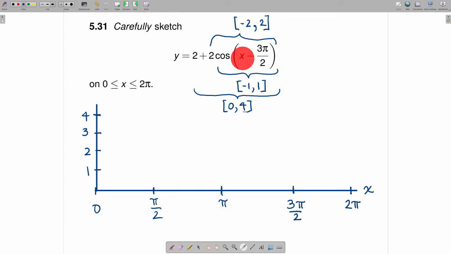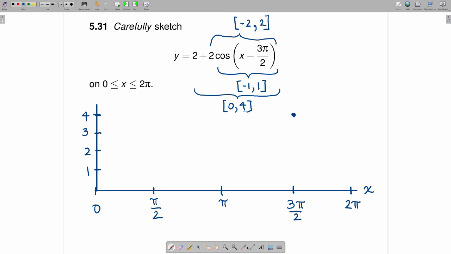So plugging in x equals 3 pi over 2, we have 3 pi over 2 minus 3 pi over 2. That's 0. The cosine of 0 is equal to 1. 2 times 1 is 2, and then 2 plus 2 is 4. So at this point right here, we know at 3 pi over 2, the function is at 4.